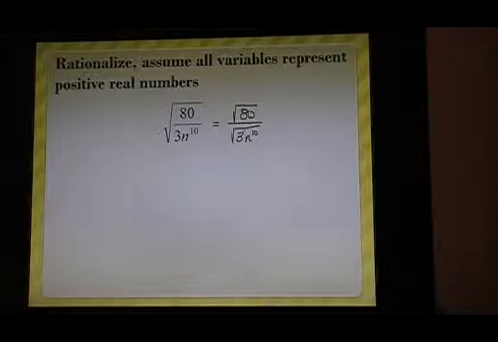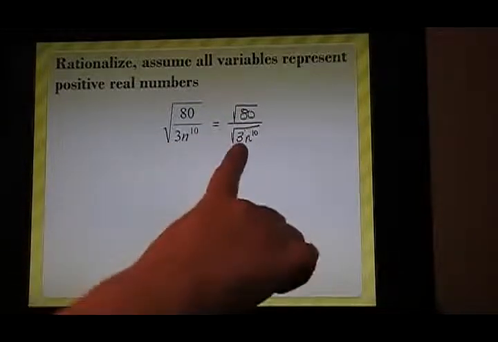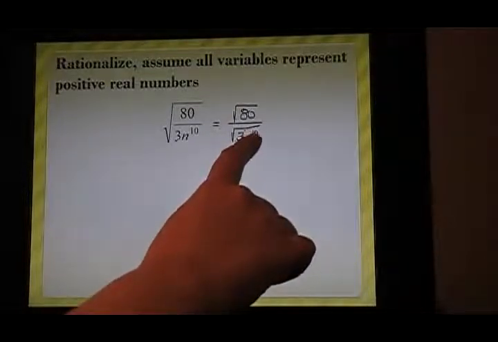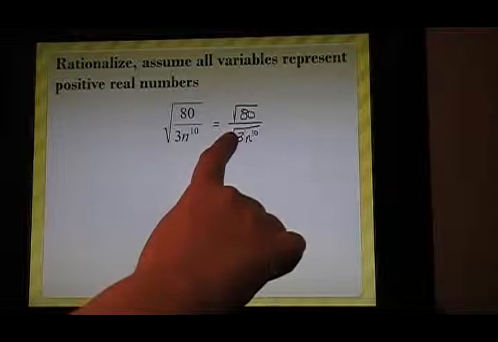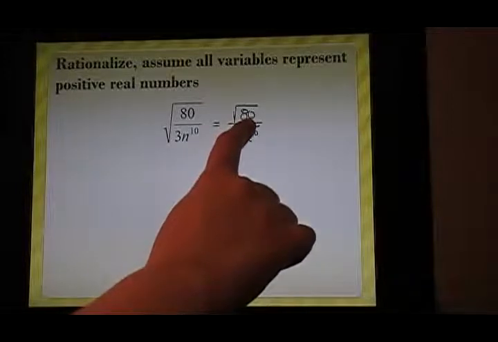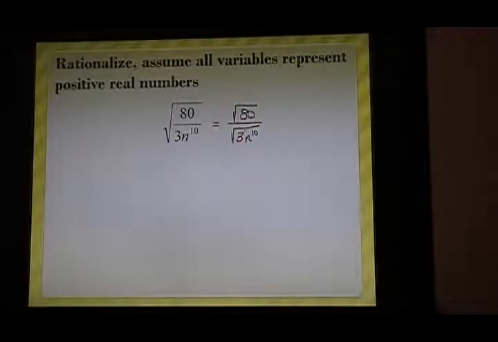Looking at the radicands, 3 is not divisible by a perfect square, but n to the 10th, and if ever the power is greater than or equal to the index, you can reduce or simplify. Same thing here, 80 is divisible by a perfect square. It's divisible by 16. So we can simplify if we want.